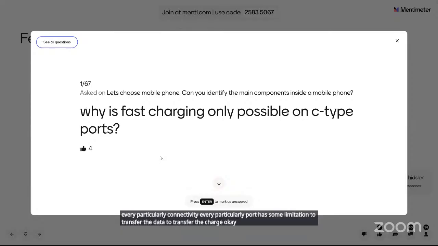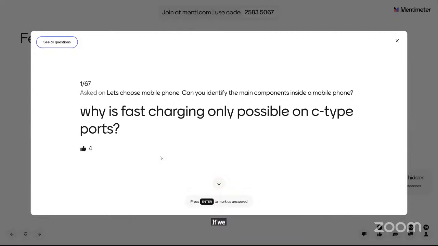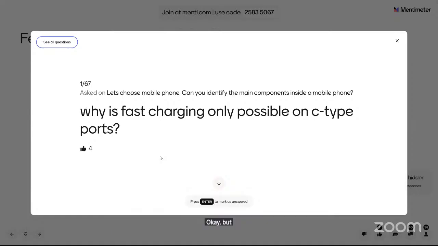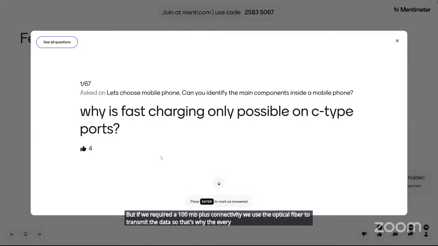For example, if we require a 10 Mbps broadband connectivity, we use a simple LAN wire. But if we require a 100 Mbps connectivity, we use an optical fiber to transmit the data. So every particular channel, every particular wire has some limitation to transfer the data.